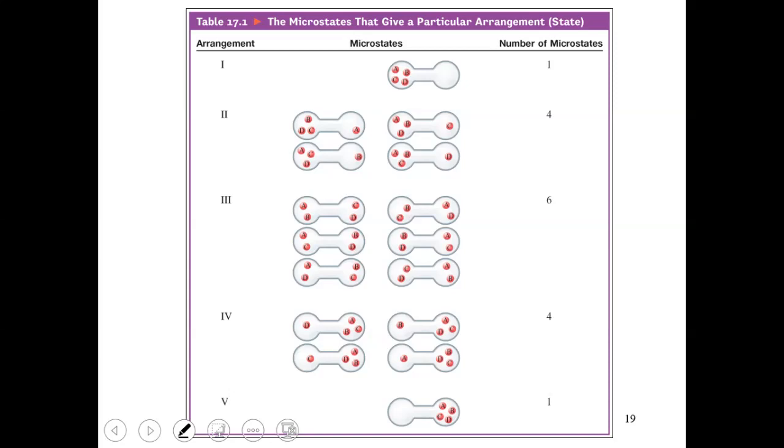Now, it's kind of hard to see this one, so I'm going to use a different sketch here. This is going to be a little more sketchy, but I'm going to use boxes. So this is a situation where you have, let's say I have 4 gas molecules, just for illustration, okay? Don't go deep into the math here, where all 4 of them are in one side of this double chamber.